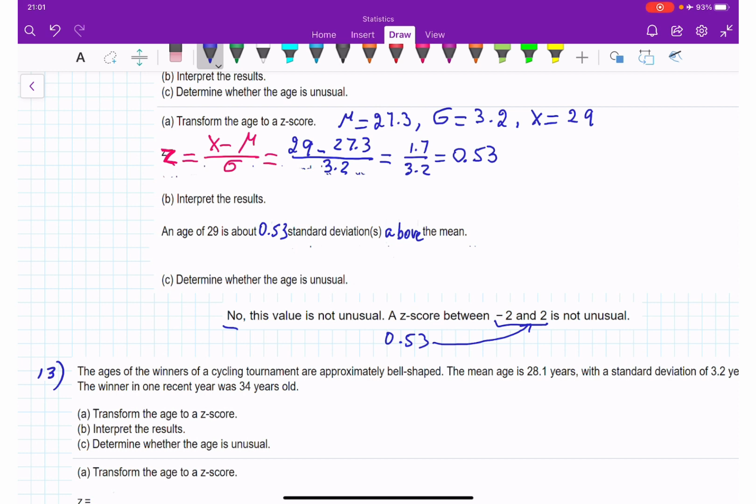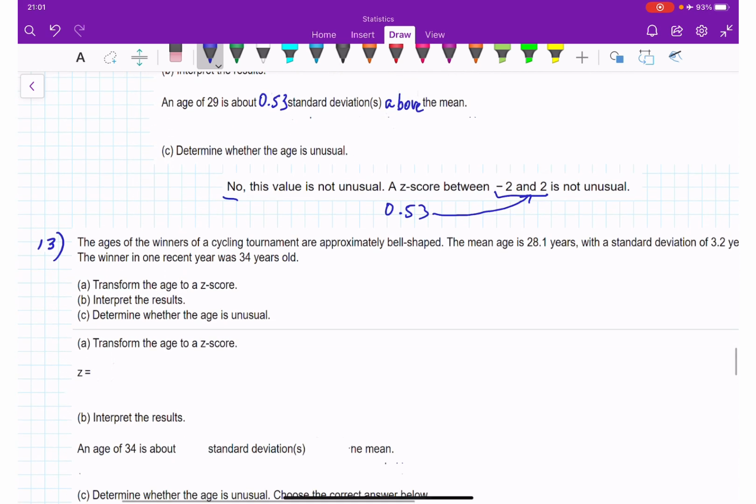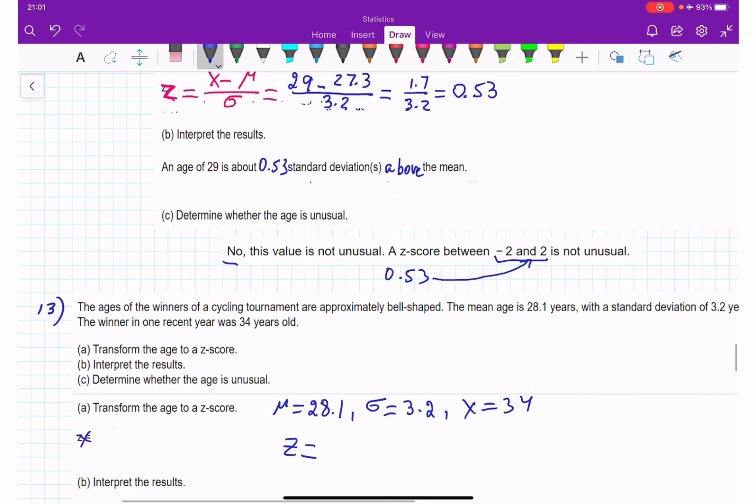Okay, question number 13, that's again a similar one. So the mean mu is 28.1. Standard deviation is 3.2. And x is 34. All right, so z-score is equal, right down here. I'm not writing the formula anymore because we have it here: x minus mu. So x is 34, minus mu 28.1, and divided by sigma.